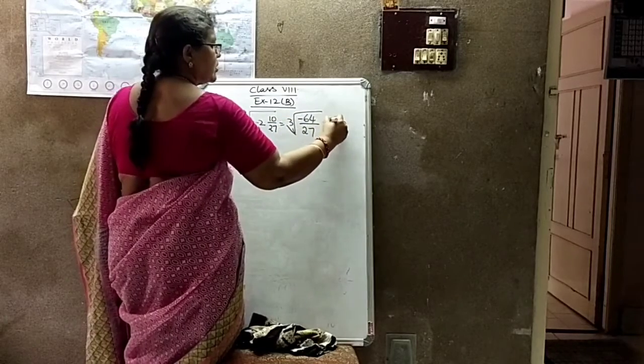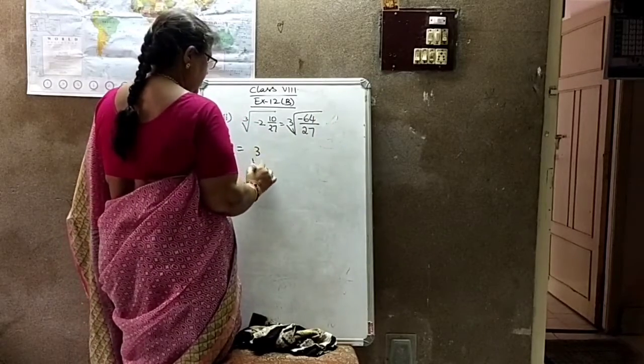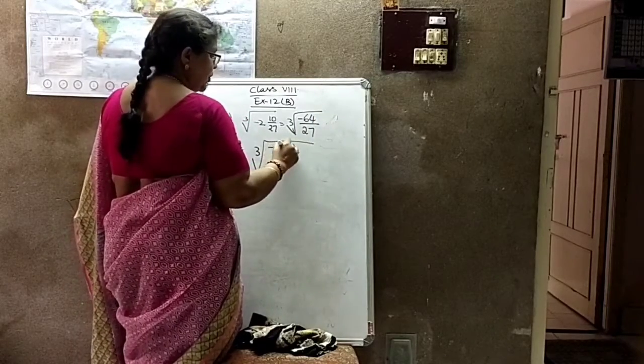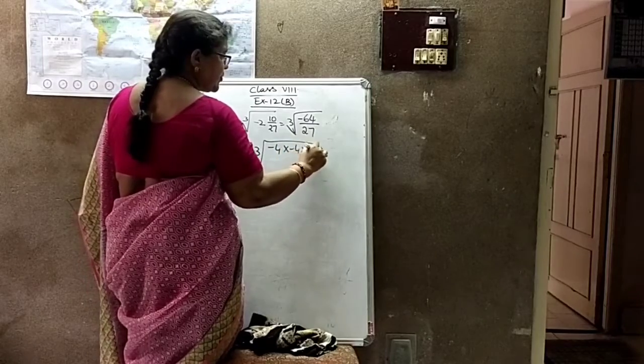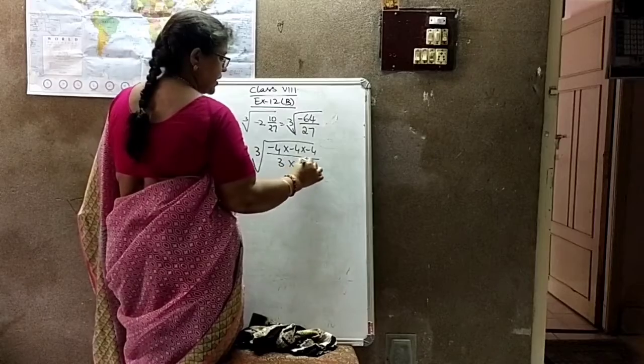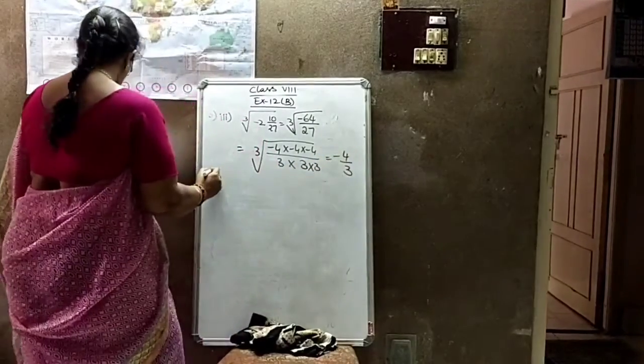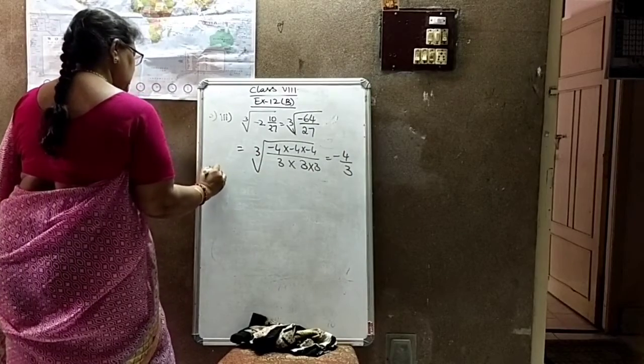Now write cube root of minus 4 into minus 4 into minus 4, 3 into 3 into 3. So minus 4 by 3.